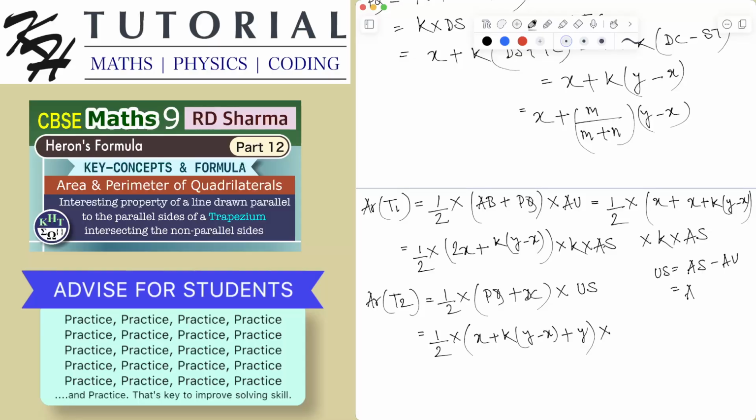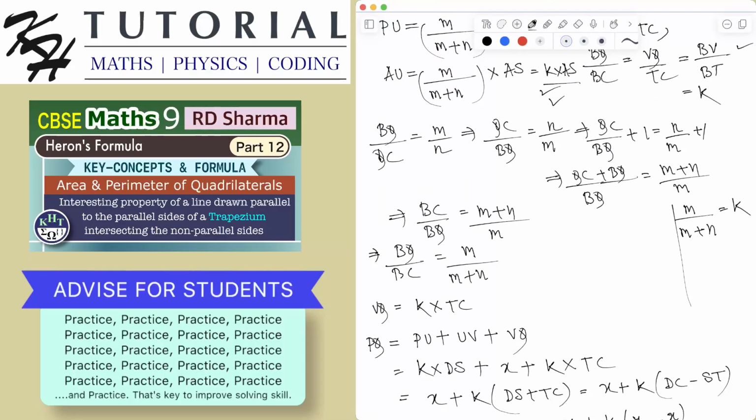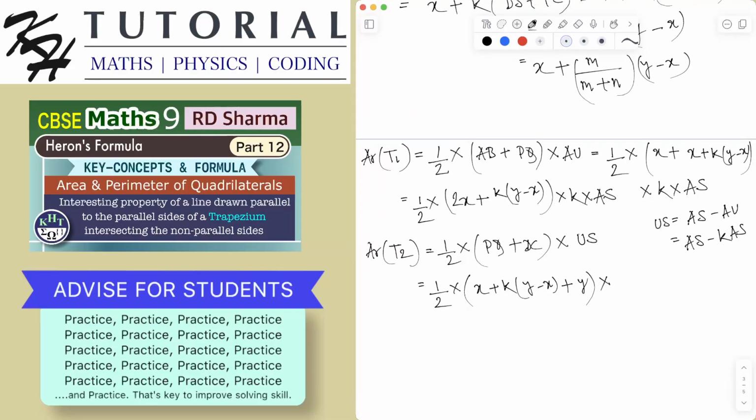This is equal to AS minus AU, and AU was k into AS. So this is equal to 1 minus k multiplied by AS. Now, if you take the ratio of the areas of the trapezium T1 and T2, clearly AS will cancel out, half will cancel out.